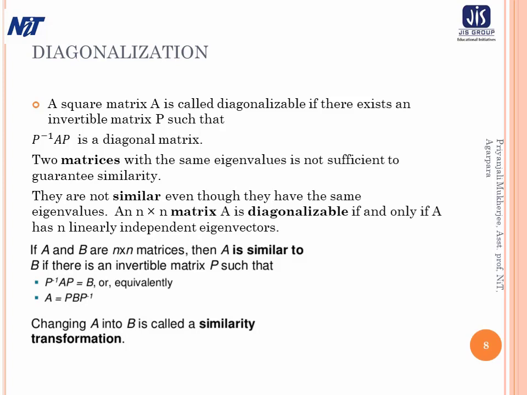Now, when is a matrix diagonalizable? If a square matrix is A, it will be diagonalizable if there exists an invertible matrix P so that P inverse AP is a diagonal matrix. Now we will consider two different matrices: one is the A matrix, another is the A hat matrix, which is the diagonalized matrix.